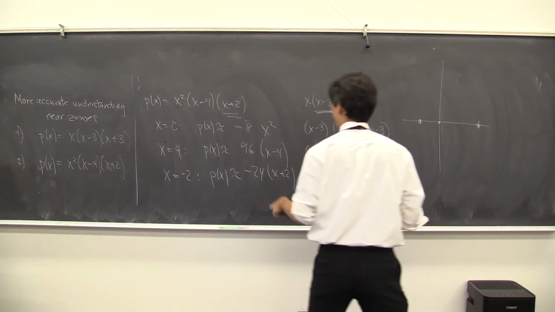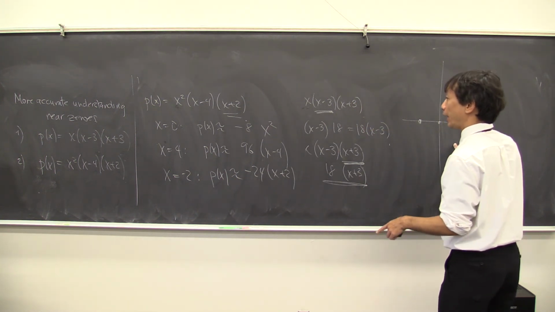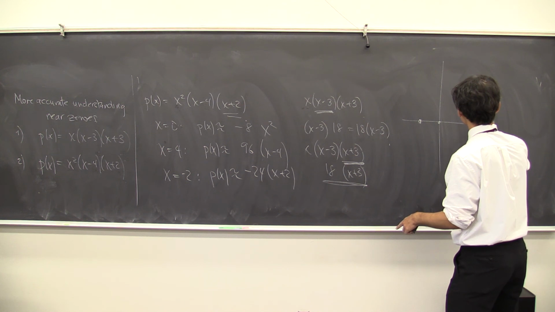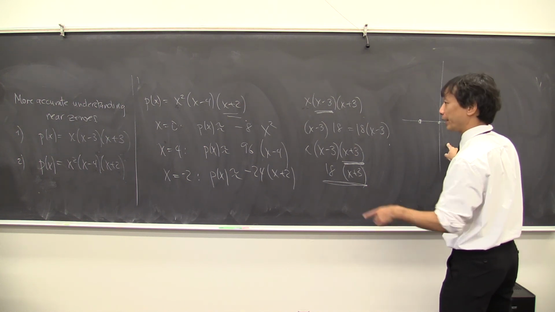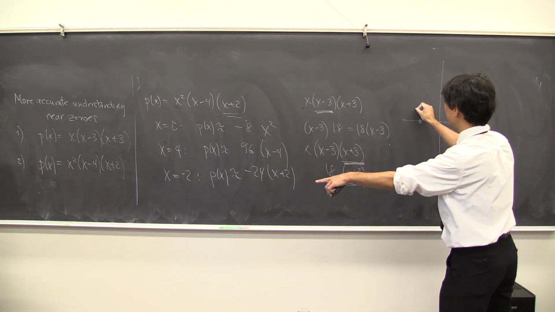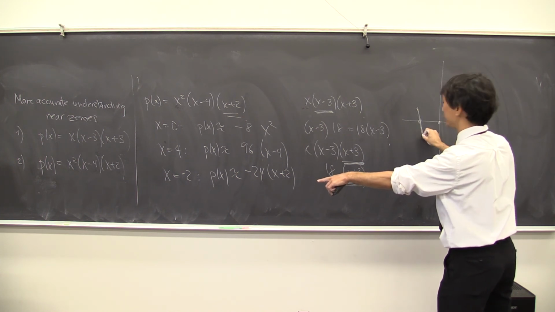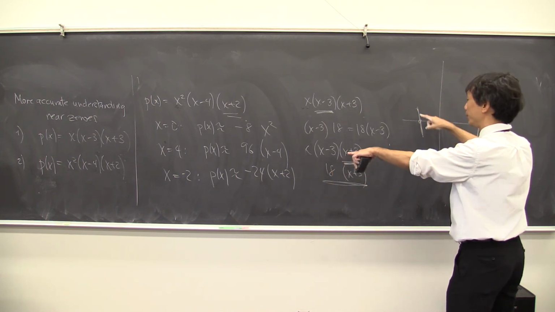What does that tell us? That at 4, we've got this super steep slope, a slope of 96. At negative 2, we've got also a fairly steep, but a fourth as steep going downwards, negative 24 slope.